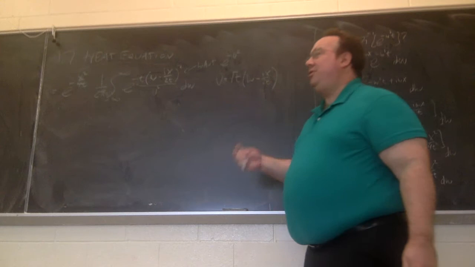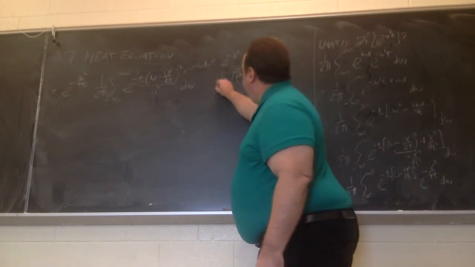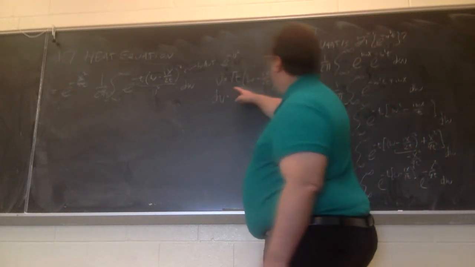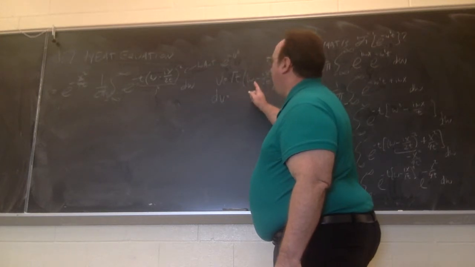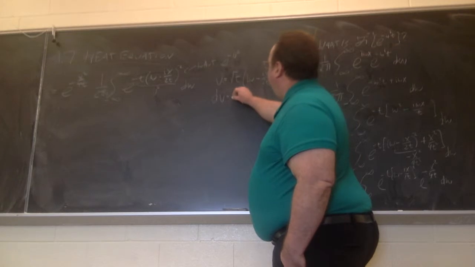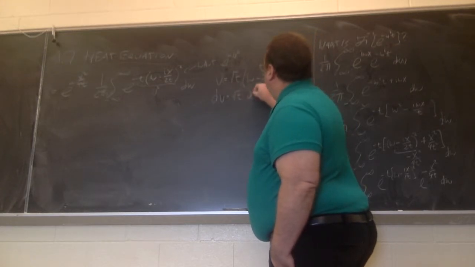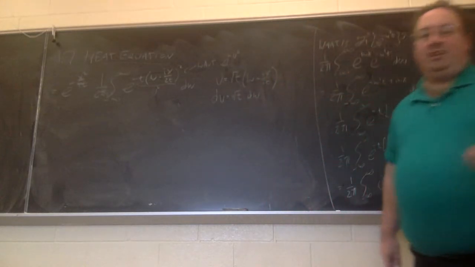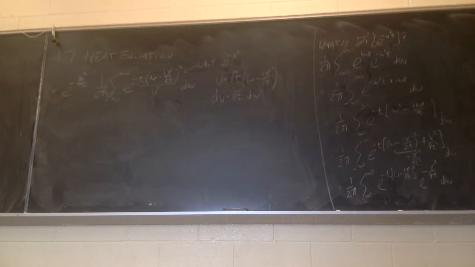Okay, now for my u substitution, du is equal to this. Omega is the old variable, so I need the derivative of this with respect to omega, but that's going to be square root of t. So that's going to tell me what I need to do to transform the integral.